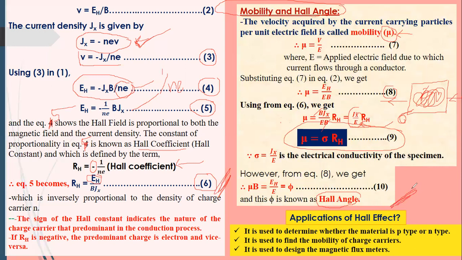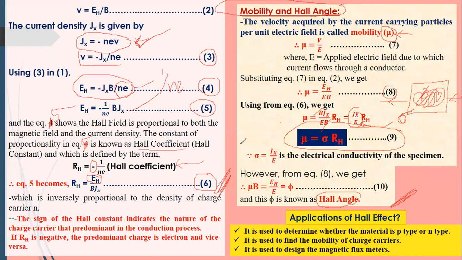The Hall effect is used to determine whether the material is P type or N type.